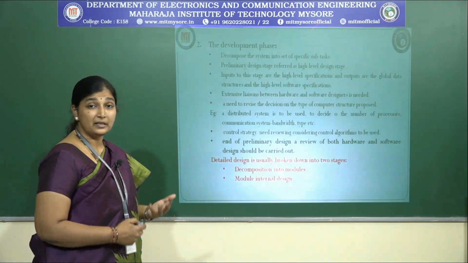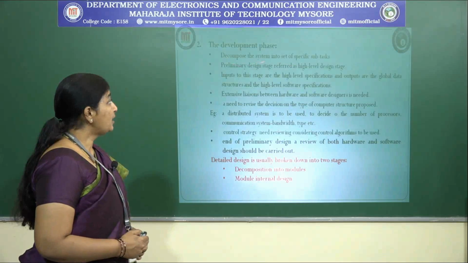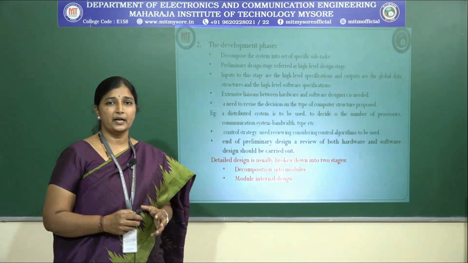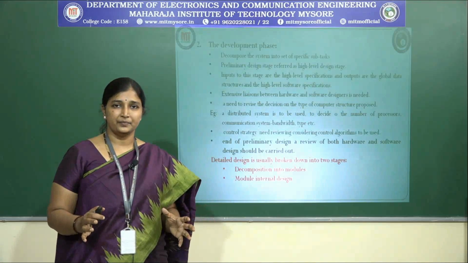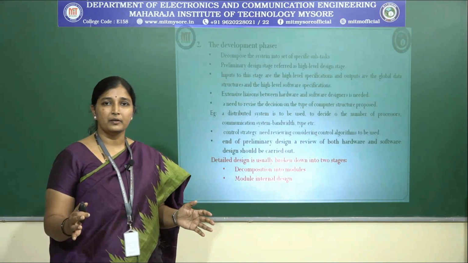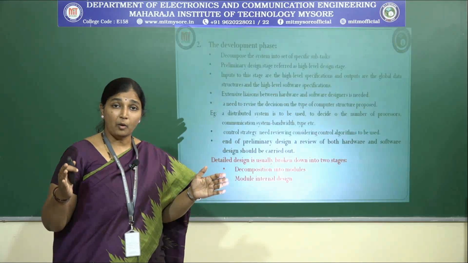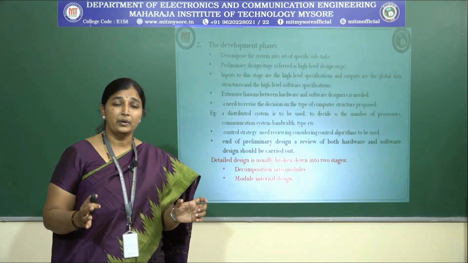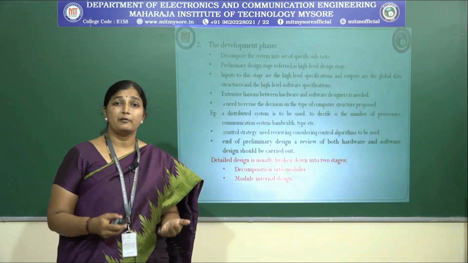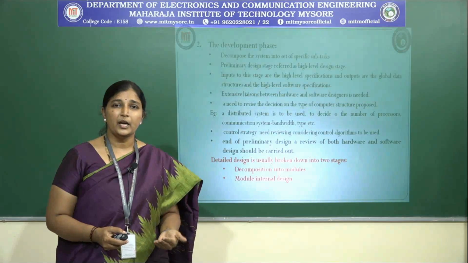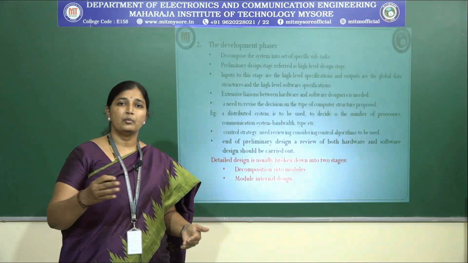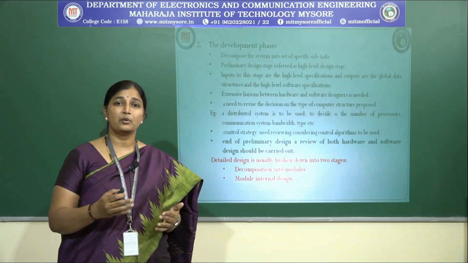Okay, what happens here in this developmental stage? Decompose a system into a set of specific subtasks. So if I just say that you are allotted a certain task that you have to complete by 5 o'clock or by 4 o'clock, that entire complex structure can be broken down into 1 hour tasks. An example is if you're preparing for some competitive exam, you can't just take a 1 week holiday and prepare the entire morning till evening, night, without sleeping.